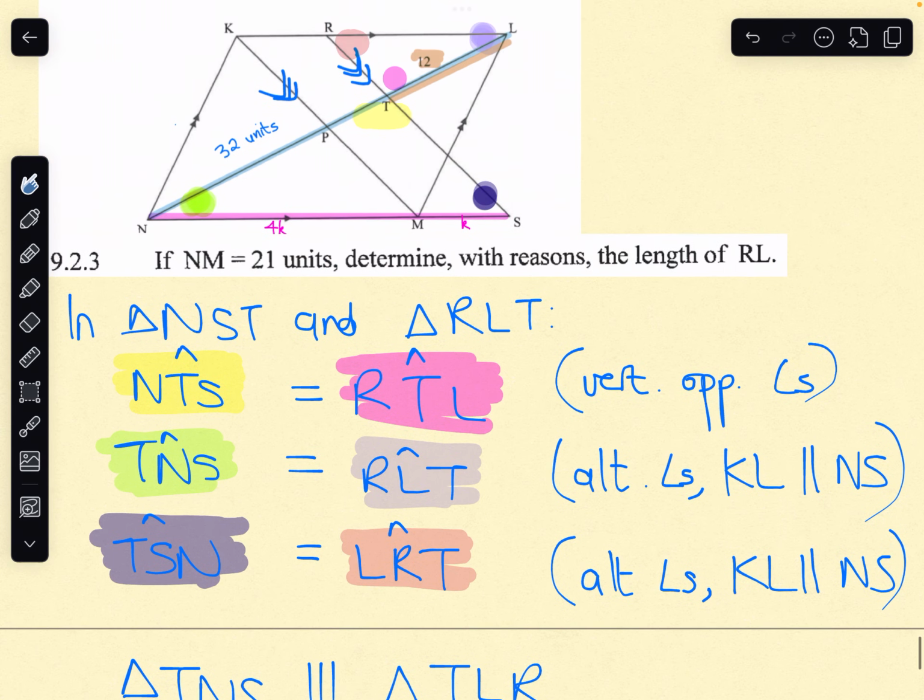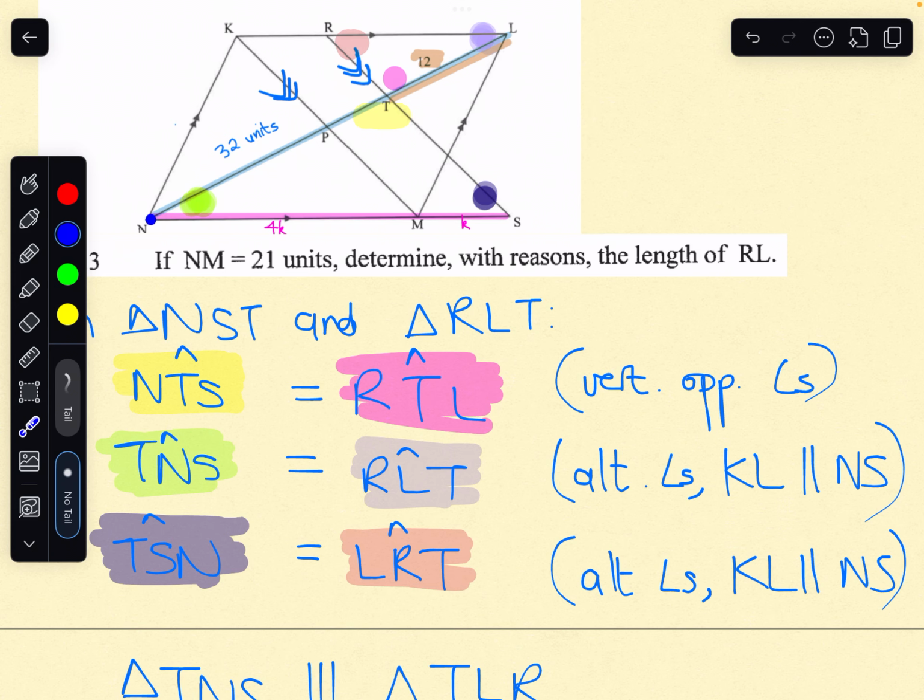TNS is similar to TLR. If I was clever, I would have just highlighted which angles pair up with which angles. I'm just going to circle the angles in blue, though these colors are not very distinct.